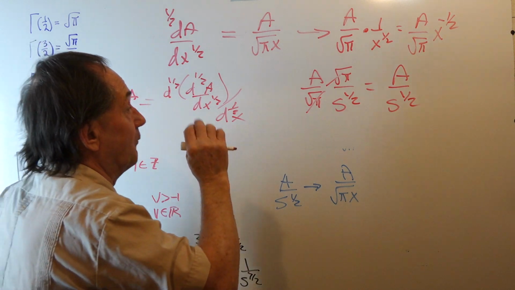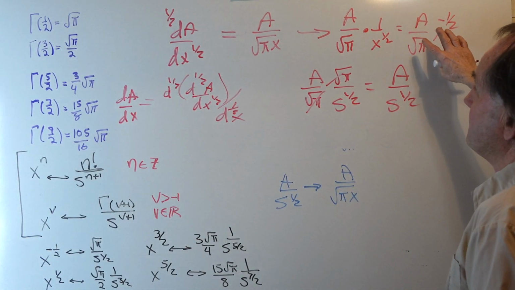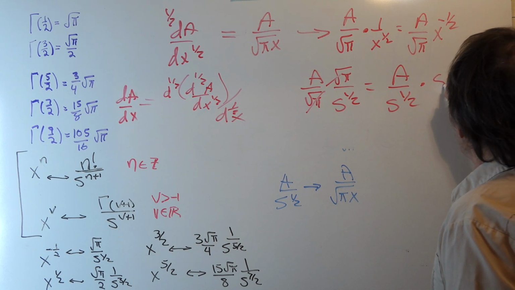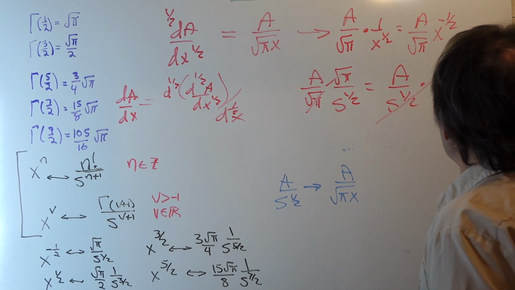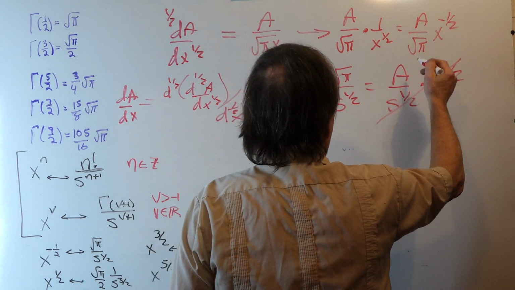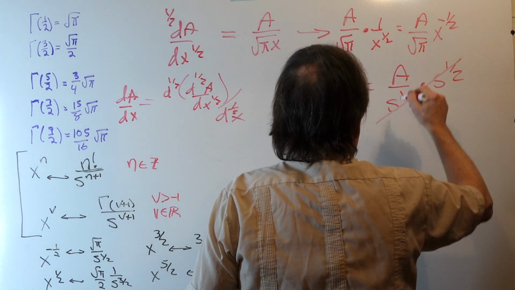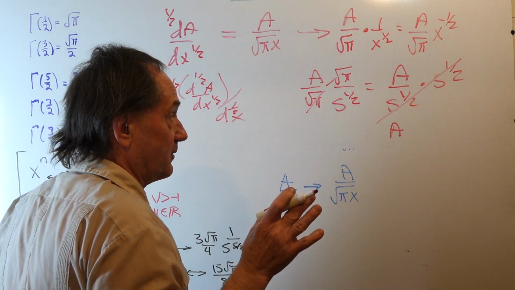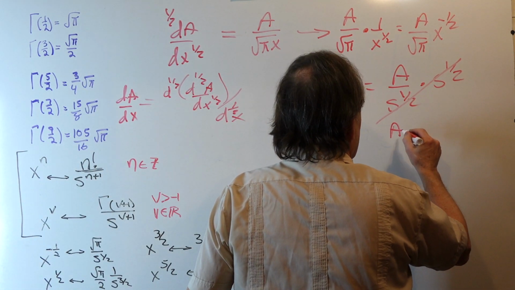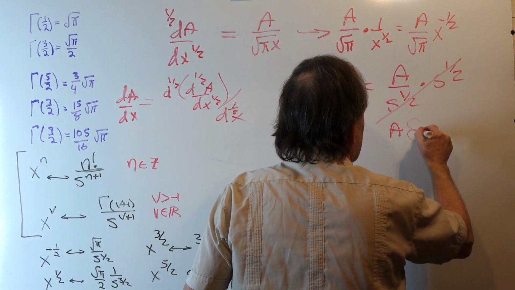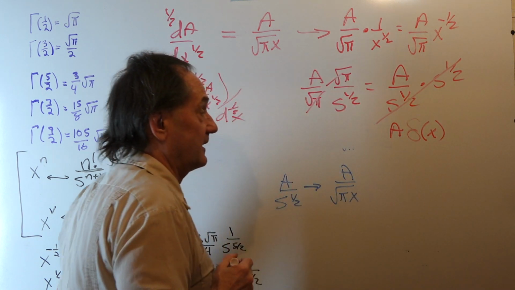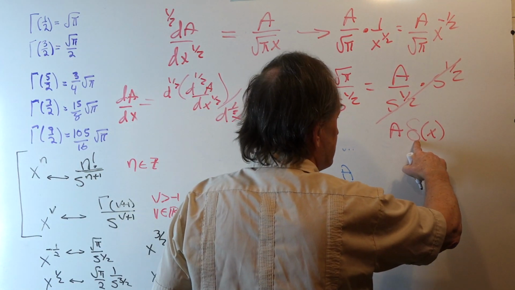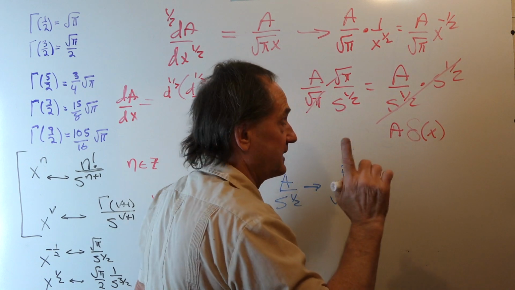Well, now we take the 1/2 derivative of this, and when we take the 1/2 derivative, we multiply by s to the 1/2. The s to the 1/2's go out, and what do we have left? We have a, but if you remember, a in the transform space is a times the delta function on x in the x space. Well, this is 0 everywhere except at x equals 0.